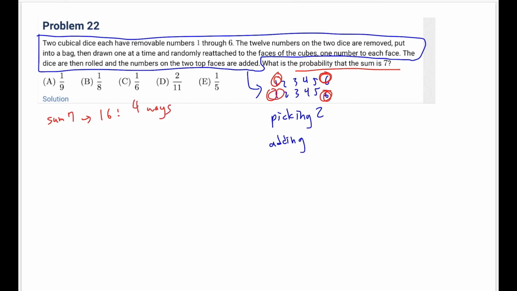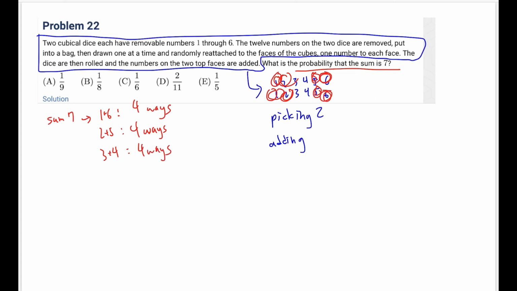And the same thing with 2 and 5. This can also be 2 plus 5, so 1, 2, 3, 4, 4 ways. And the same thing for 3 and 4, which is also 4 ways, right?